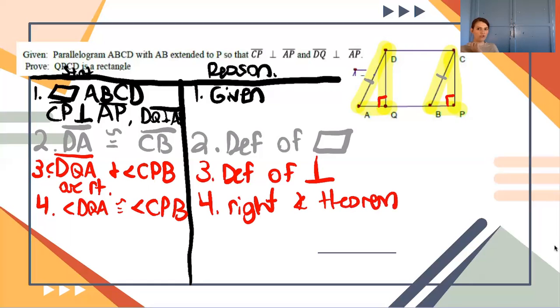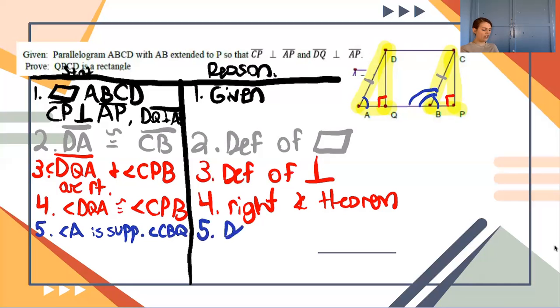Okay, so I have a side and angles. Remember, my goal here is to prove that these two angles are congruent. Now, I can do that by saying that angle A is supplementary to angle CBQ.